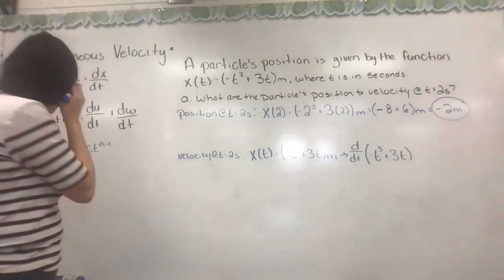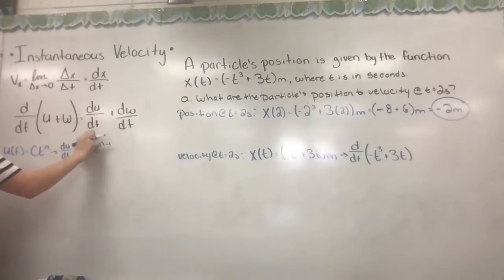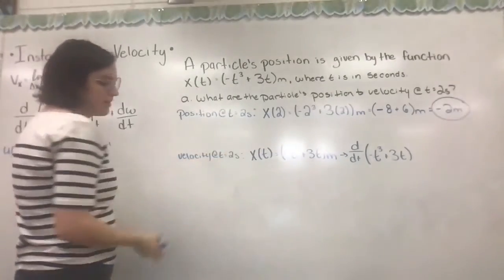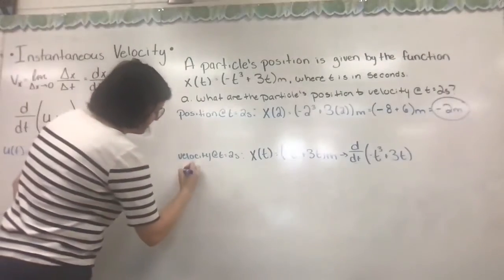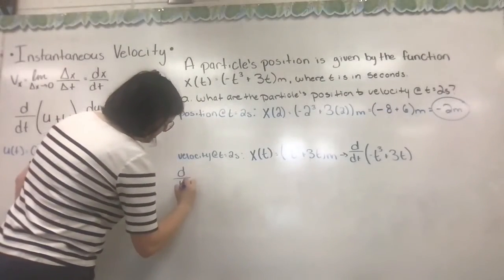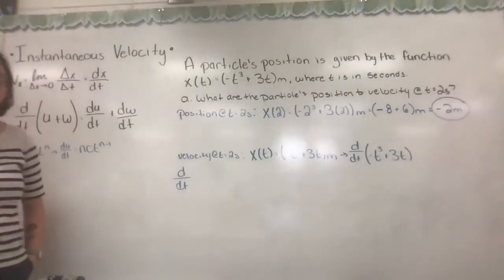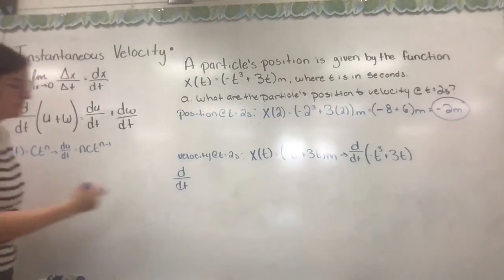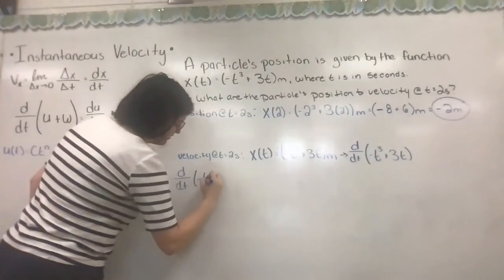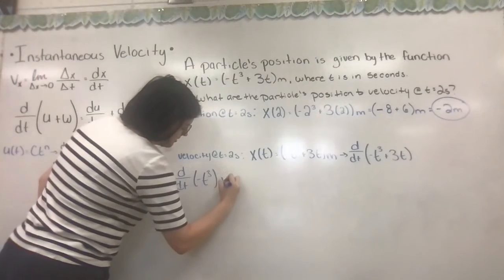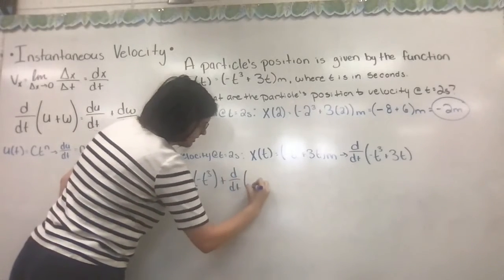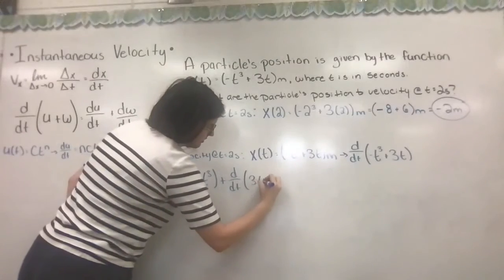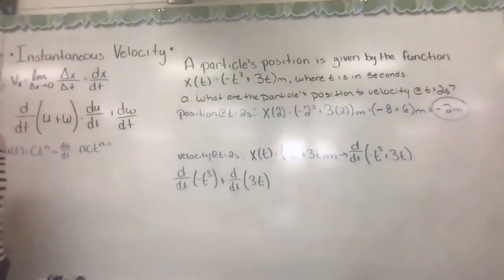This means that the next thing we're going to basically say is that we're doing the derivative with respect to t of negative t cubed, plus the derivative with respect to t of 3t.